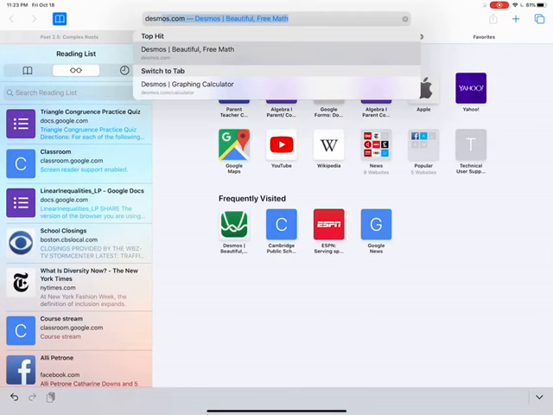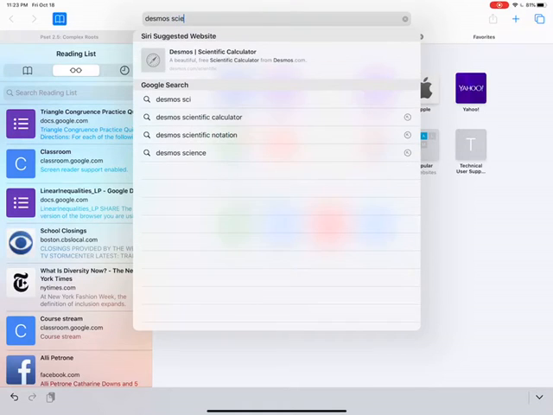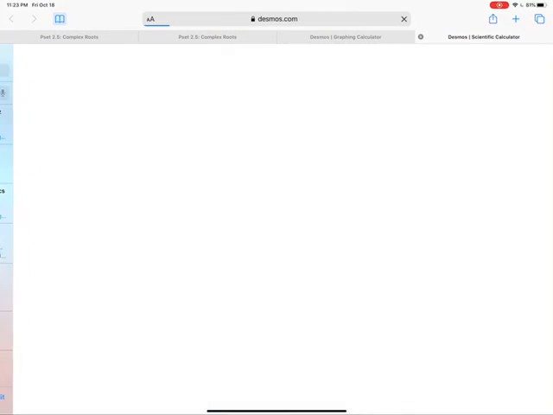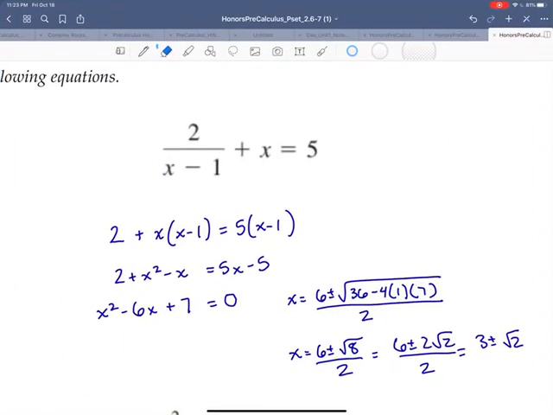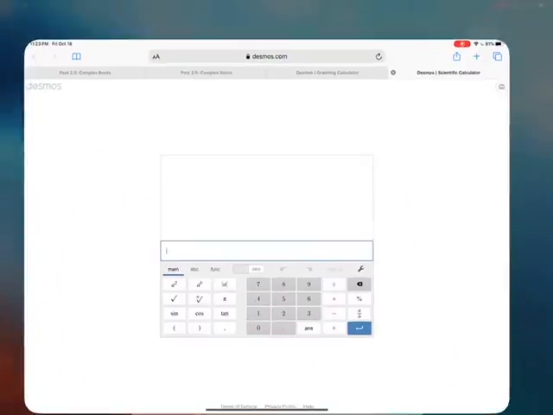And if we check with a calculator, I'll pull up Desmos Scientific. Let's see, what are we checking? 3 plus root 2 and 3 minus root 2.